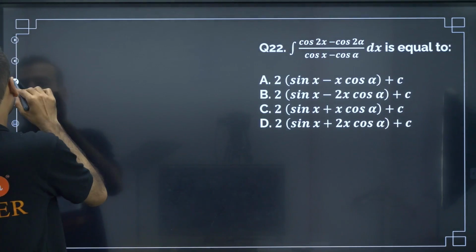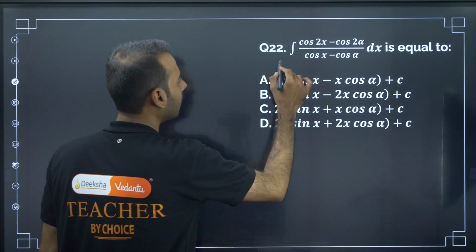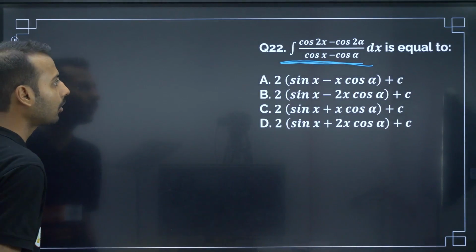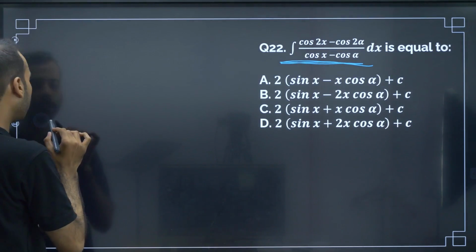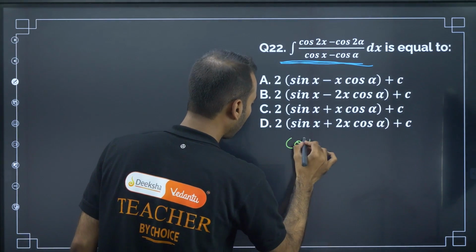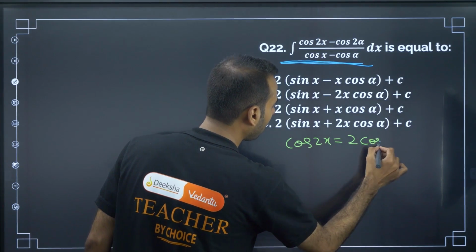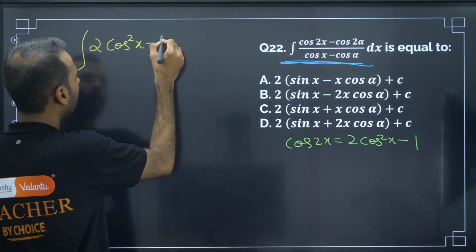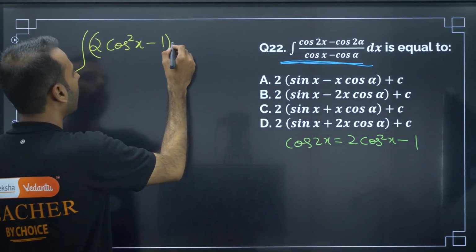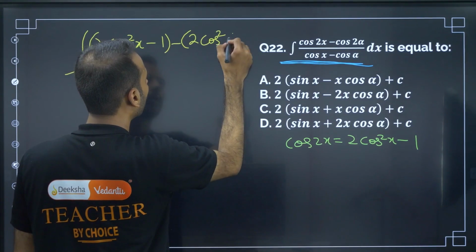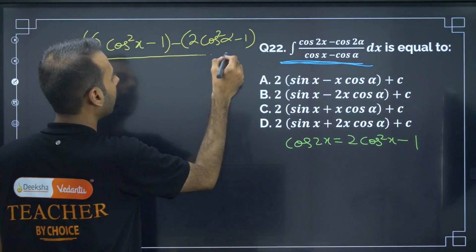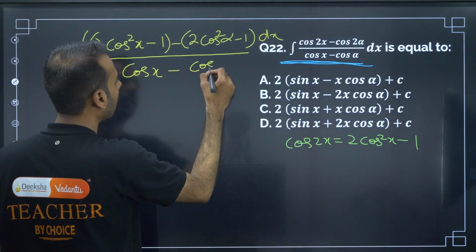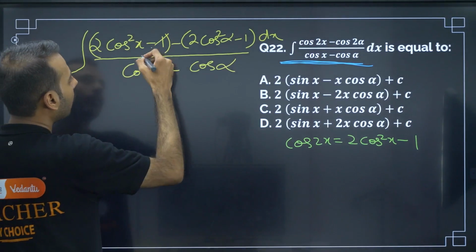Next question. They are asking to evaluate this integral. Now a few formulas from integration you should be knowing, it is your responsibility. Cos 2x is equal to 2 cos square x minus 1, and cos 2 alpha is 2 cos square alpha minus 1. So the numerator is 2 cos square x minus 1 minus 2 cos square alpha plus 1, divided by cos x minus cos alpha, dx. The minus 1 and plus 1 will get cancelled.